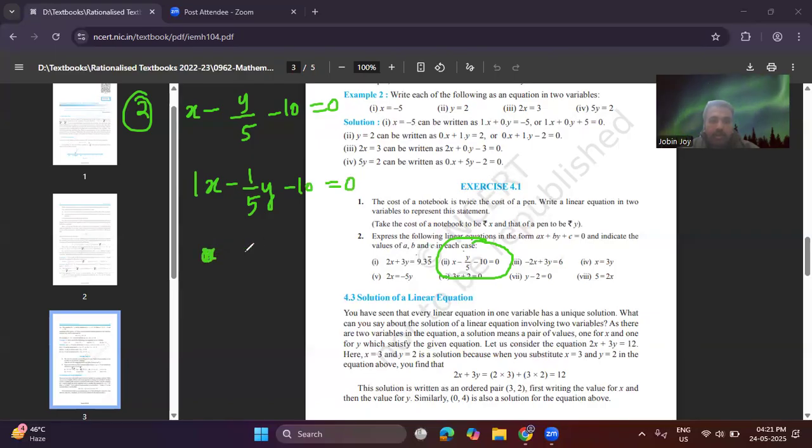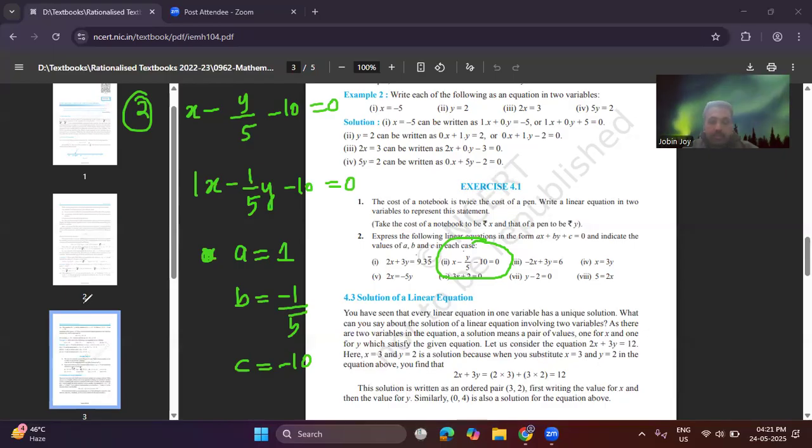So the value of a is equal to 1, the value of b is equal to minus 1 by 5, and the value of c is equal to minus 10. In ax plus by plus c equal to 0, a equal to 1, b equal to minus 1 by 5, and c is equal to minus 10.